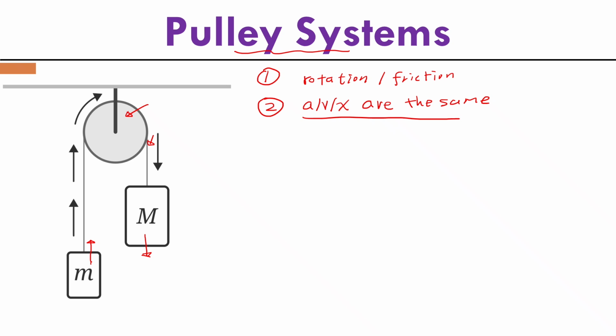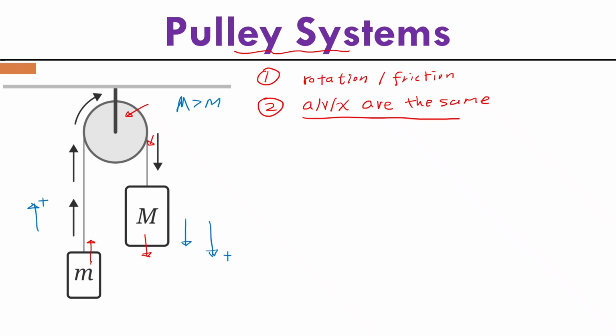Let's consider this specific pulley system. If we assume big M is heavier than small m, then we know big M is going to go down and small m is going to go up, right? So that means basically the whole system is moving clockwise, right? So for big M, we can do the free body diagram.